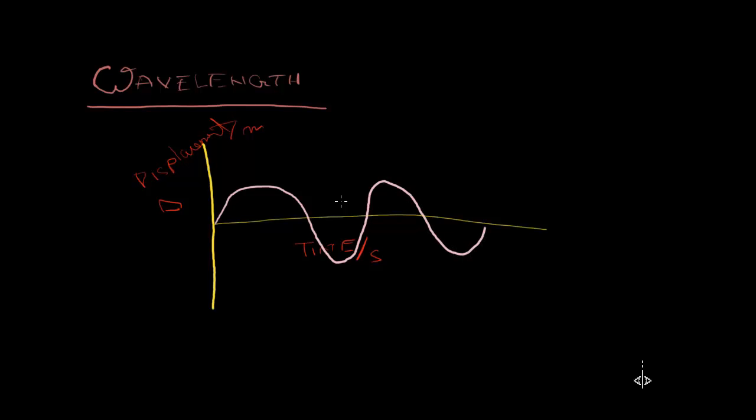Now remember, the maximum points are called crests and the minimum points are called troughs for a transverse wave, and the maximum displacement points are called rarefactions in longitudinal waves.